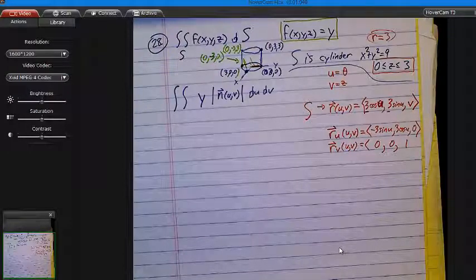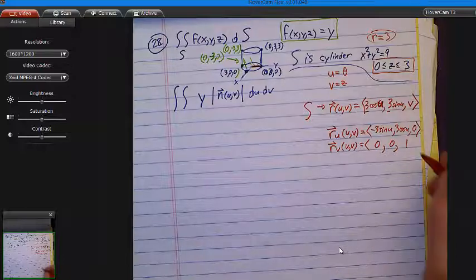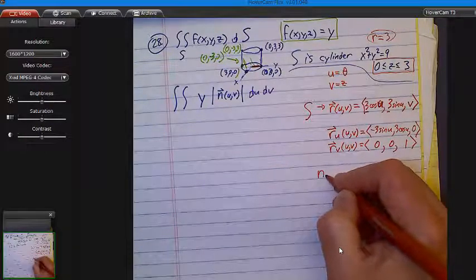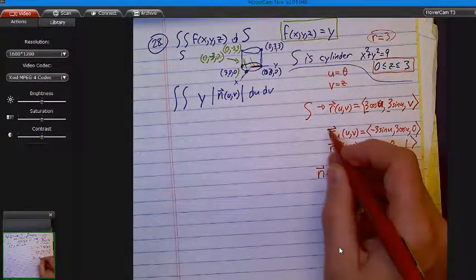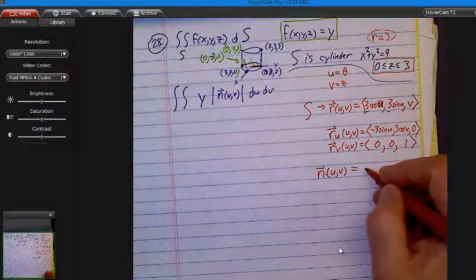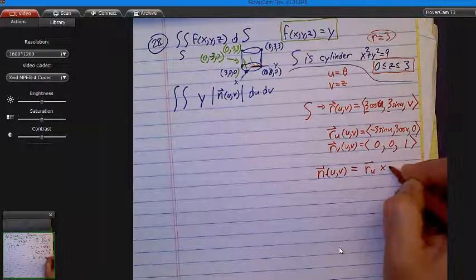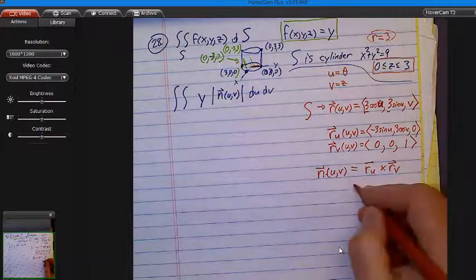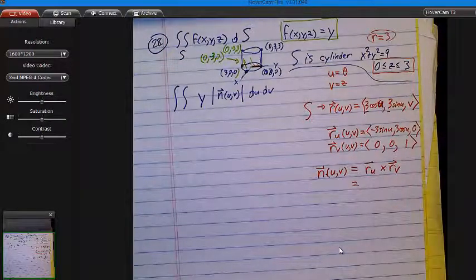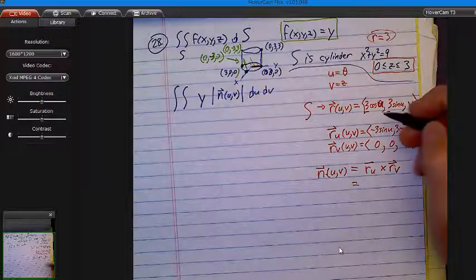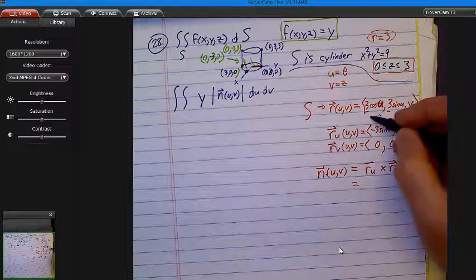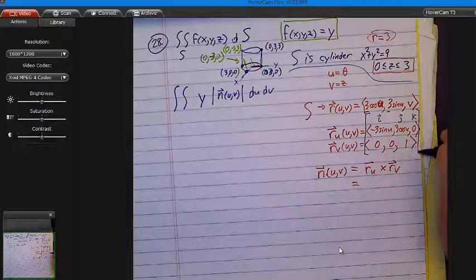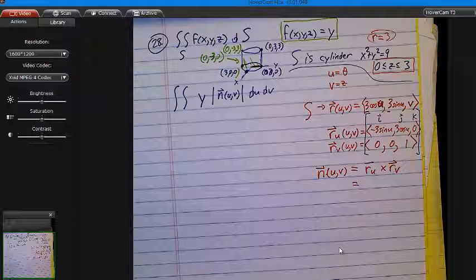And so my normal vector n of (u, v) I get by doing the cross product of these. I need r_u cross r_v. To write it down, it's helpful if I put an i here, a j here, and a k here, and then look at this matrix and take the determinant of it.